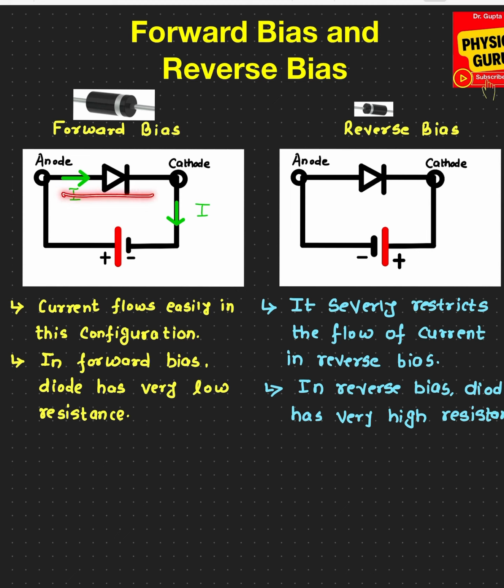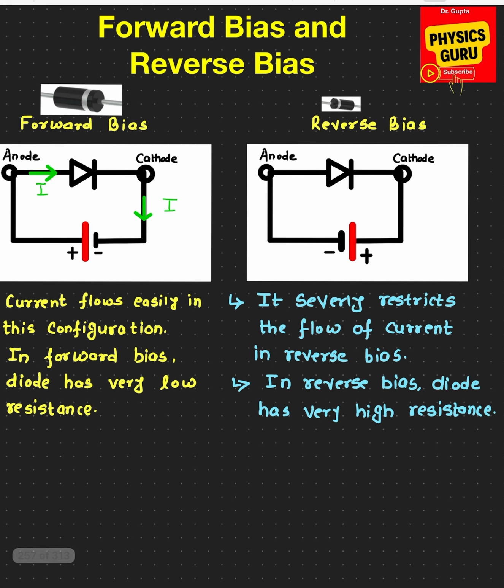In this configuration, current can easily flow through the circuit. So when the current easily flows through the circuit, that means in the forward bias, the diode has a very small or very low resistance. It offers almost no resistance to the circuit. But when we connect this diode in the reverse bias, then there will be no current. That means in this reverse bias, the diode has a very high resistance.